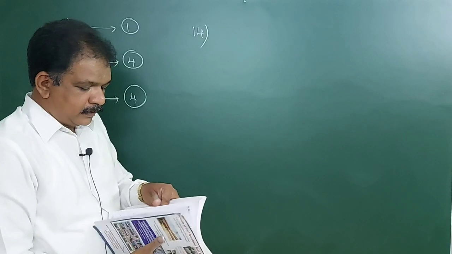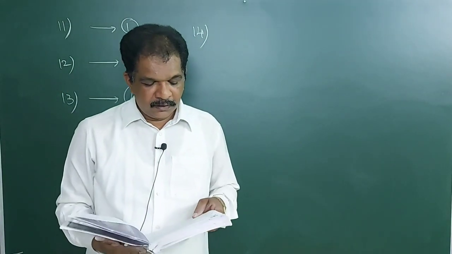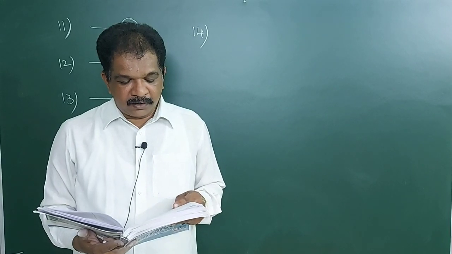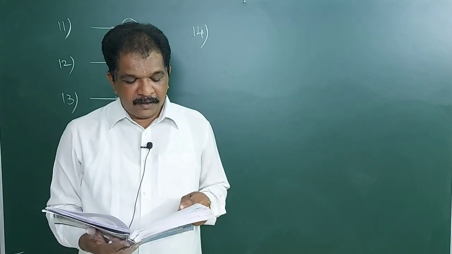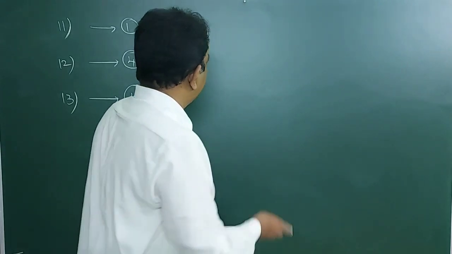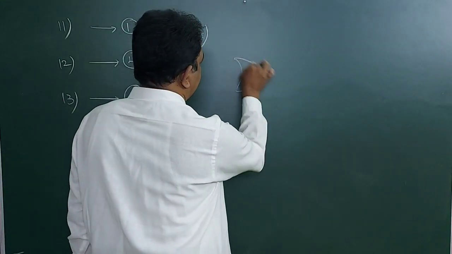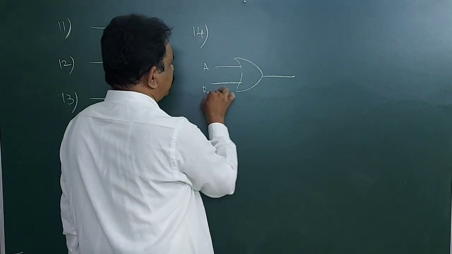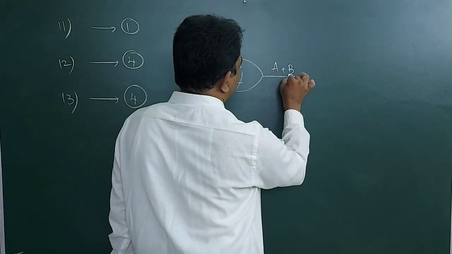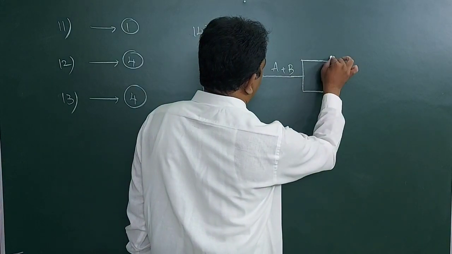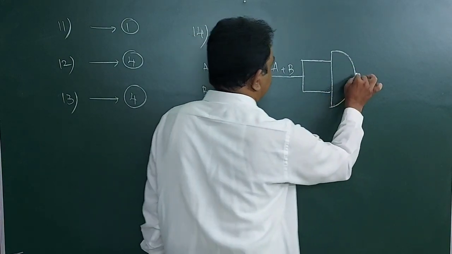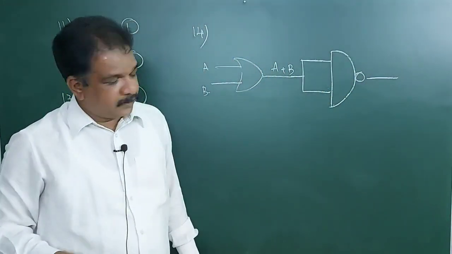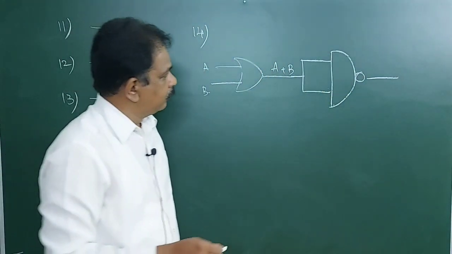Next, 14th question you see. The output of an OR gate is connected to both inputs of NAND gate. The combination will serve as. Now one OR gate is there. A, B, output will be A plus B. These two outputs went to NAND gate. A plus B means how much it will come?